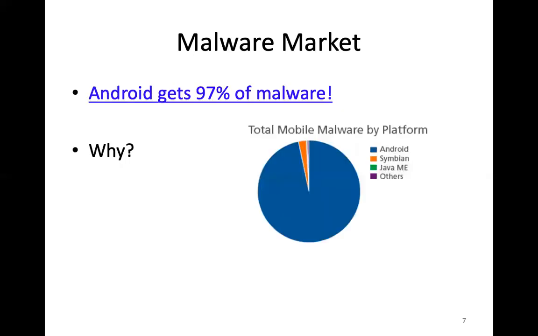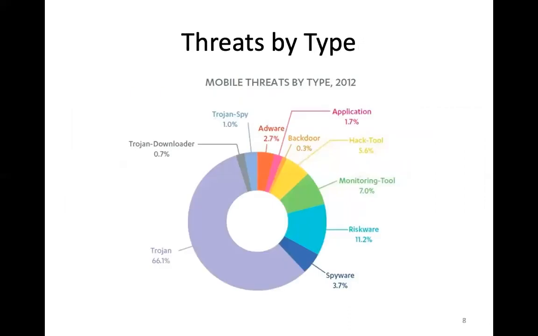It is also the case that Android gets 97% of all mobile malware. If you were to study what fraction of mobile malware exists out there, more than 97% of malware in the space of mobile applications exists for Android. And what are these mobile malware?